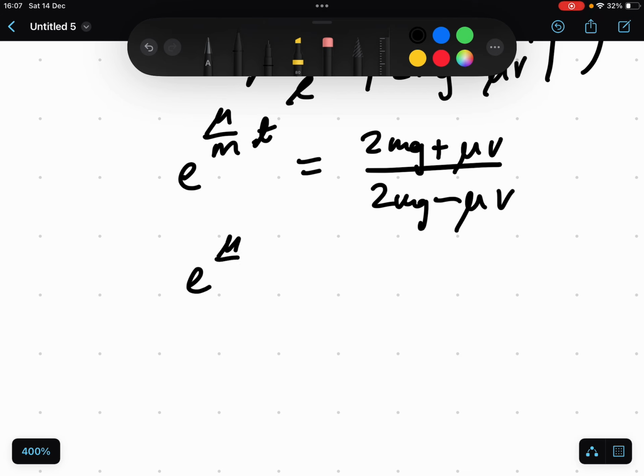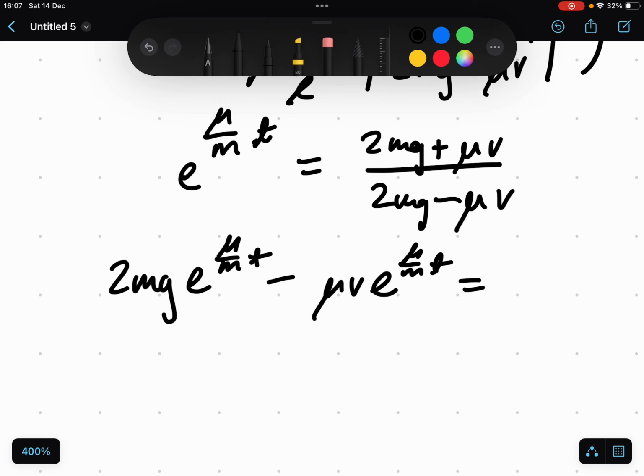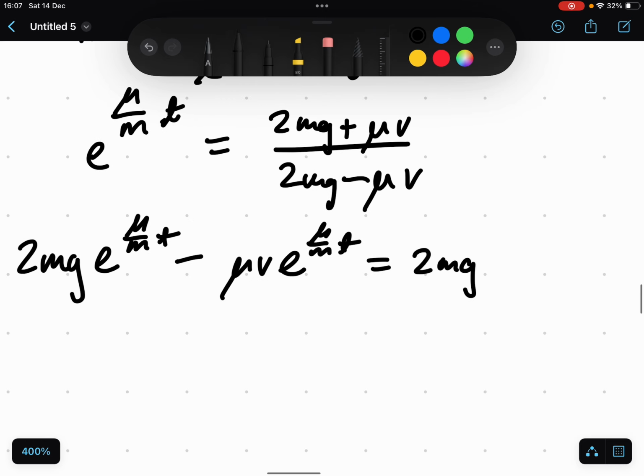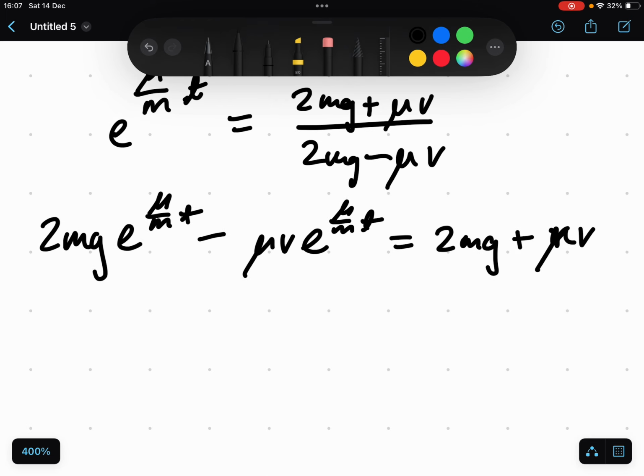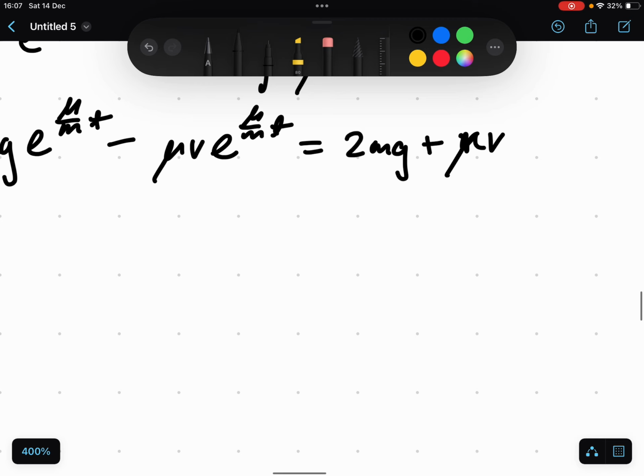We times both sides by the denominator to get 2mg minus mu v times e to the mu over m t, just multiplying both sides. And we're trying to get a v. So that should be mu. We just add that to one side, and take out the factor v.